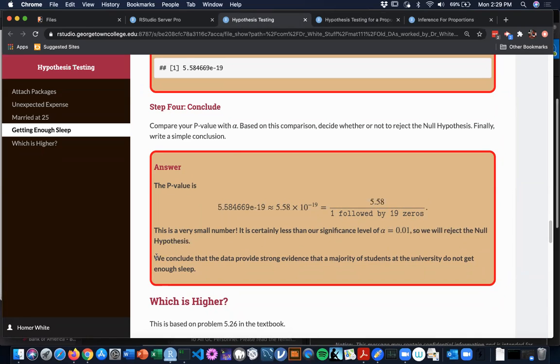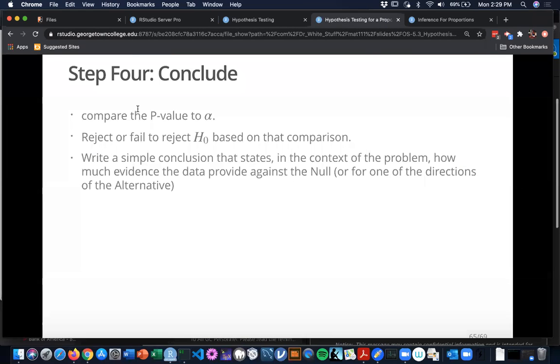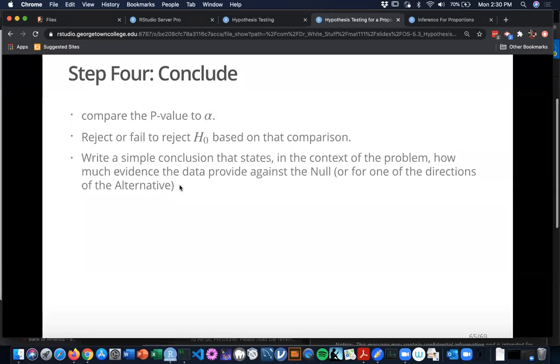But there is one more thing to do, and not enough people did it. As I went through looking at the DA, not enough people did it. That last thing is to write a simple conclusion that states in the context of the problem how much evidence the data provide against the null, or you could say for one of the directions of the alternative. And let's see how we do it this time.